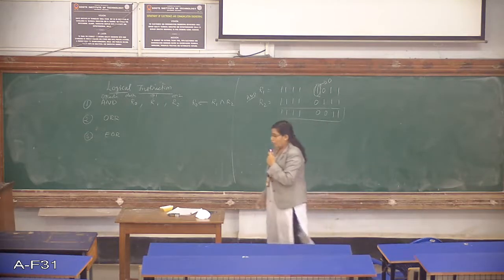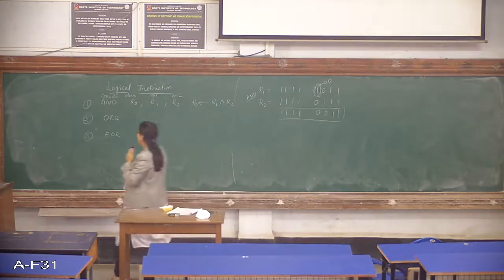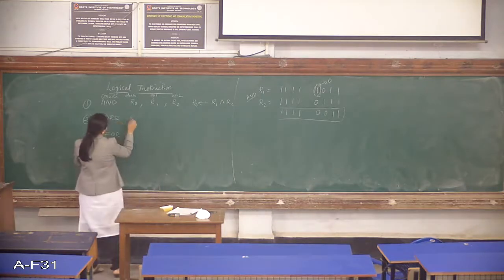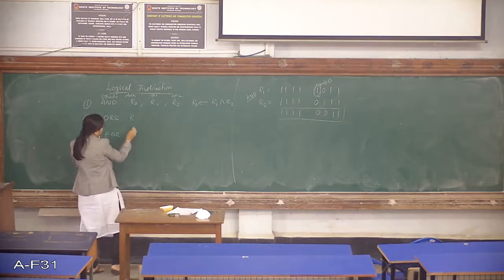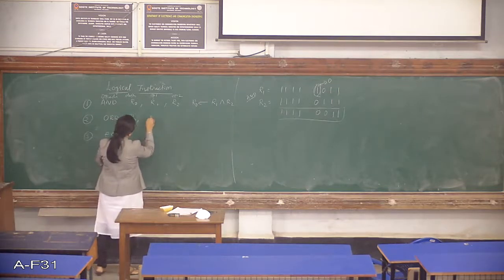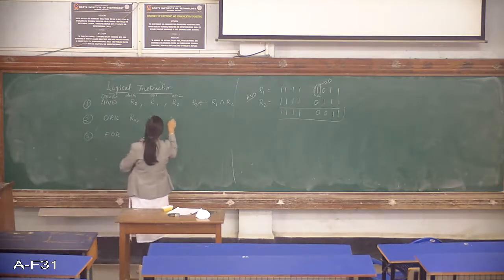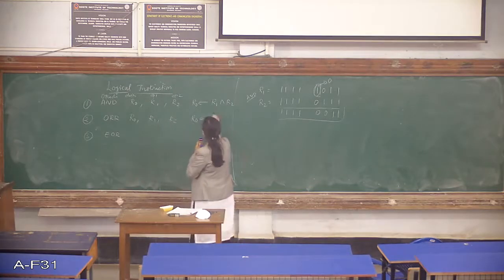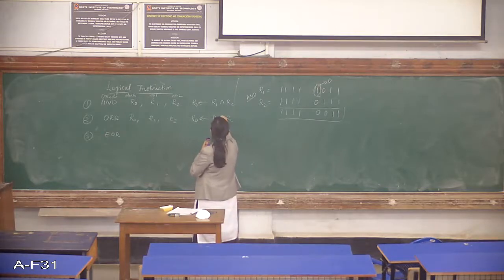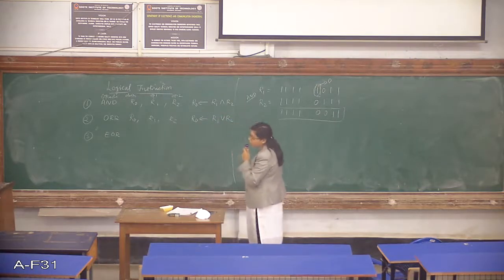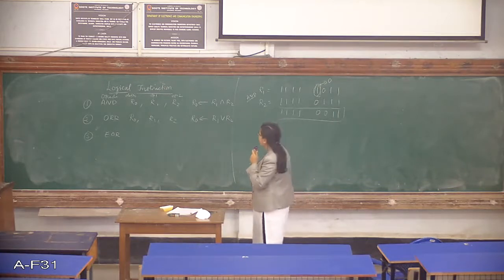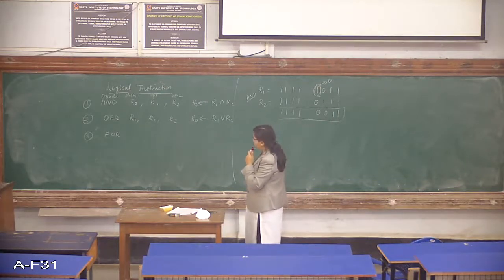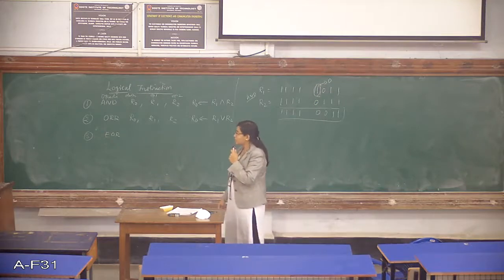Similarly, we have the OR operation. In OR, we write ORR as the opcode, R0 as the destination, R1 as operand 1 and R2 as operand 2. This is nothing but, in R0 you will have R1 ORed with R2. Now the question comes, where can you use this OR operation?